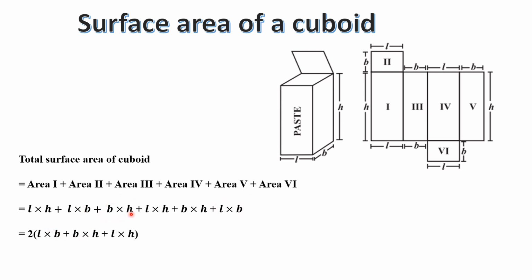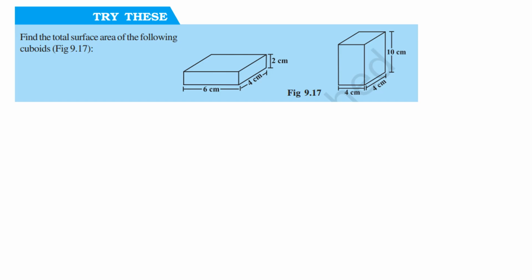Same way breadth into height is here also, here also, so that is also 2 times, and length into height is also here and here, so that is also 2 times. So from here I can say the total surface area of a cuboid is 2 times the sum of length into breadth plus breadth into height plus height into length. So this is the total surface area of the cuboid, and we are going to use it for solving the questions. So you should remember all these formulas.